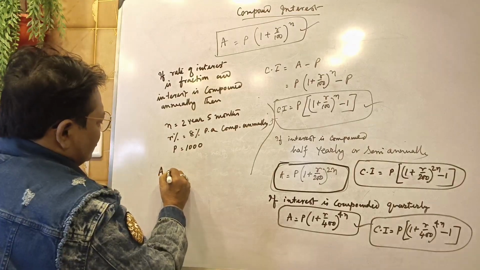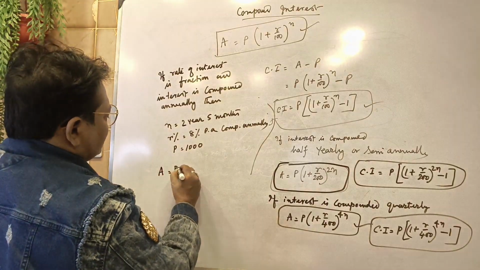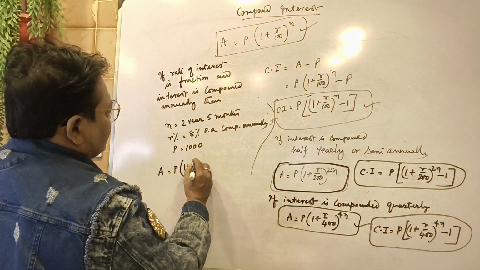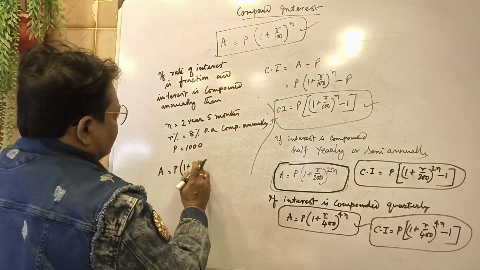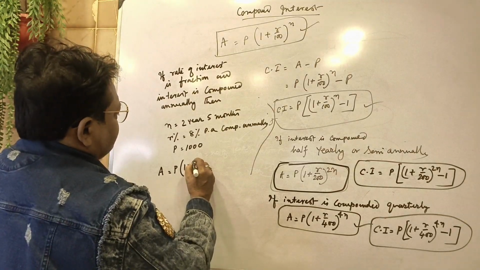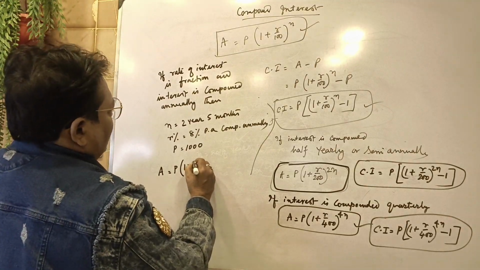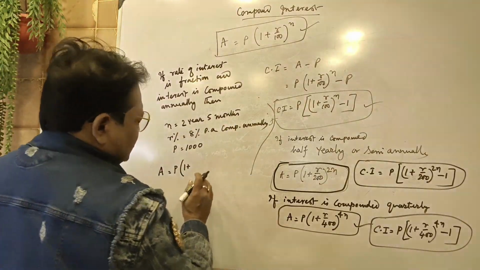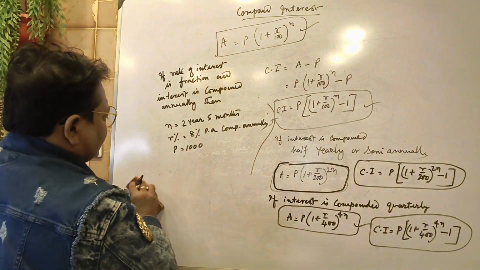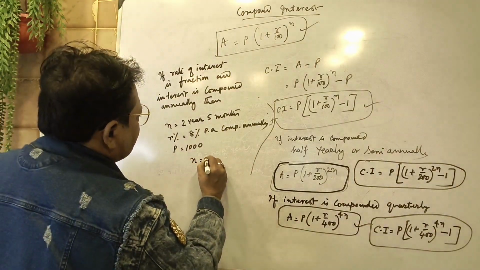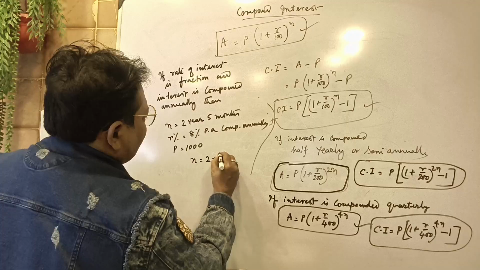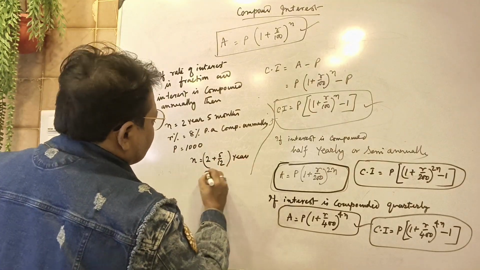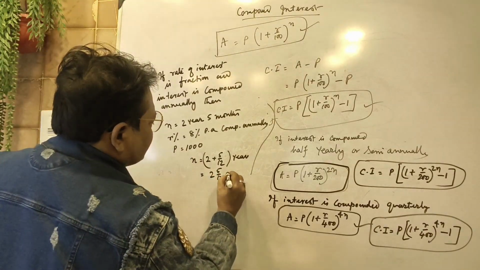In this case, the amount will be, the formula is P into 1 plus R by 100. Here, 2 years 5 months means how much? At first you will have to know that n is equal to 2 plus 5 by 12, that is 2 and 5 by 12 years.